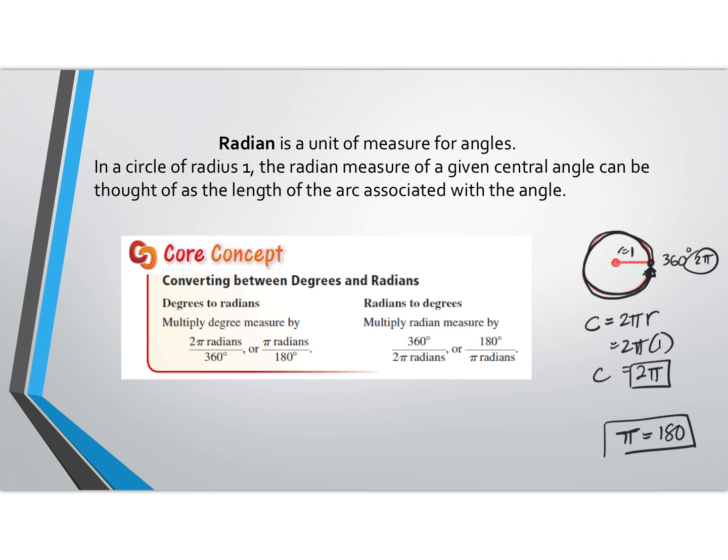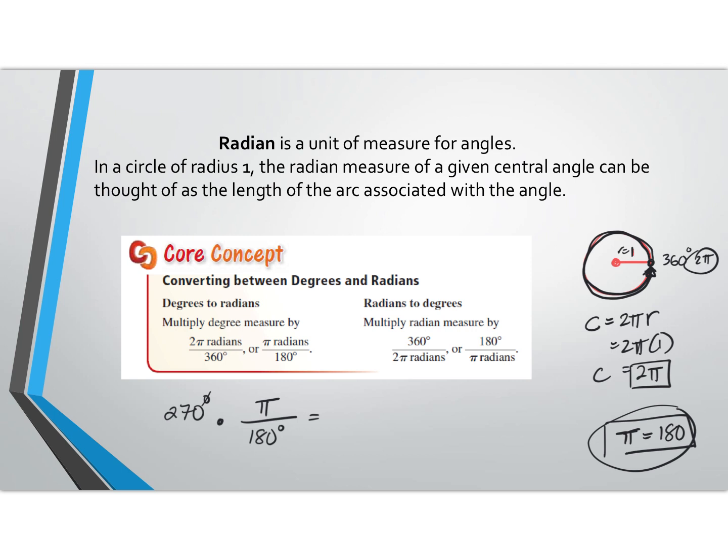So if we're given something in degrees, let's say 270 degrees, how many radians is that? Well, we would multiply it by what fraction with this relationship. In other words, if what we want is radians, we'll put the radians at the top, and what we want to get rid of, the degrees, will go at the bottom.